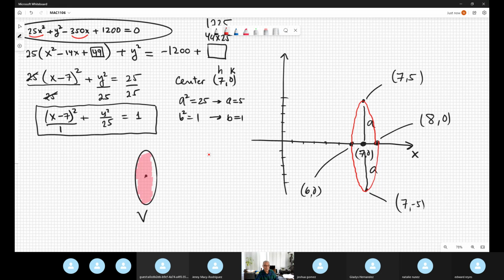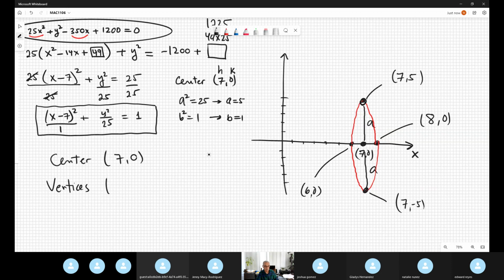Okay, so let me list the most important points and categorize according to importance. The center of this ellipse is located at the point 7,0. The vertices, by the way, are this point and this point; the vertex is always located on the major axis.